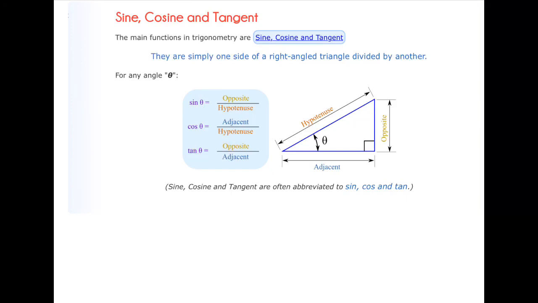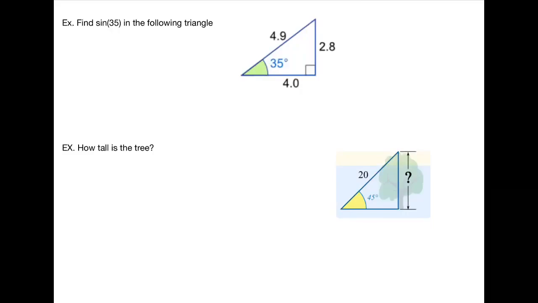So let's see how we can use these ratios in a question. Let's see an example. The question says find sine of 35 in the following triangle. So you see a right triangle here, and the question says find sine of 35, sine of this angle.